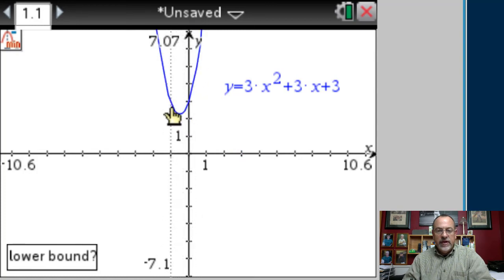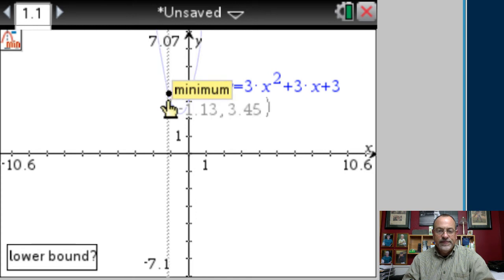Now what you want to do is move it so it's to the left of the vertex. So what the calculator is asking you is, please put the cursor to the left of the vertex. Once I get over here to the left, I go ahead and select enter.